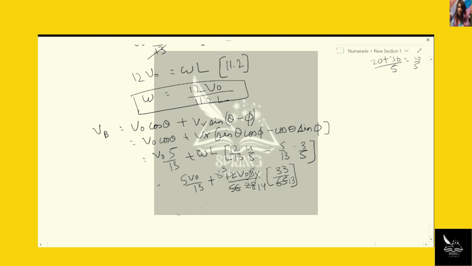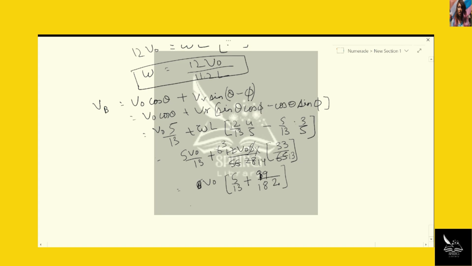So eventually we end up with 5 v naught. So we take v naught as common, and we have 5 over 13 plus 3 times 33 is 99, divided by 14 times 13. 14 3s are 42, and then 14 1 and plus 4, so 182.